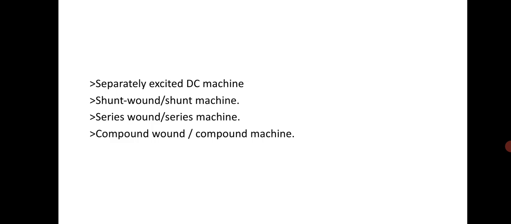Okay, then the next one is compound wound. What is compound wound? It includes both series as well as shunt windings. We studied them separately, here we use both characteristics in a single machine. The two windings are carried on every machine pole.